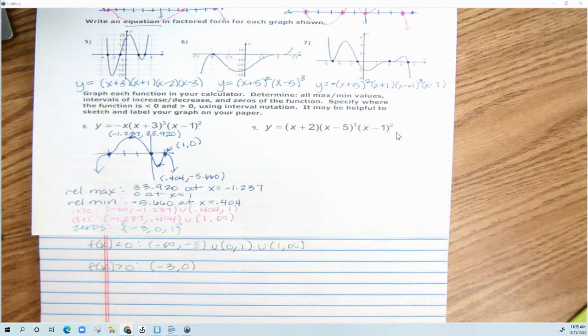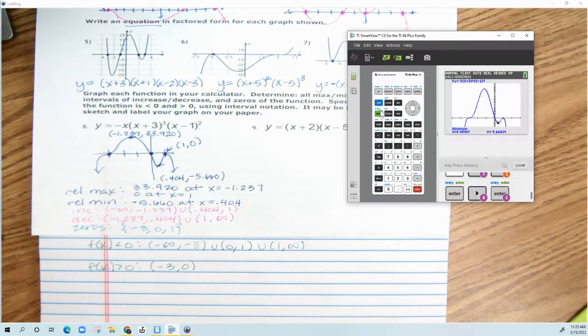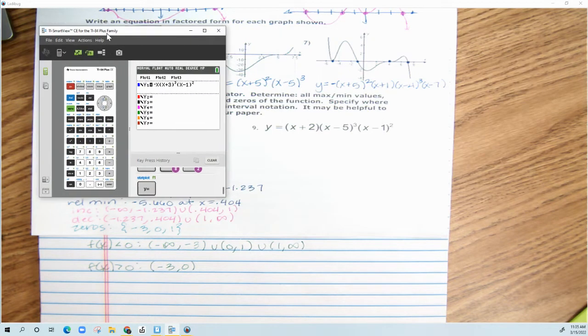All right, one more example. I'm going to go back to y equals and type in my last problem: x plus 2, x minus 5 cubed, and x minus 1 squared.